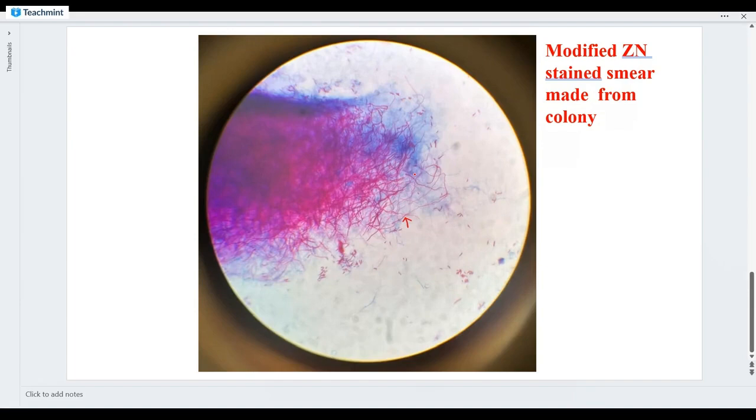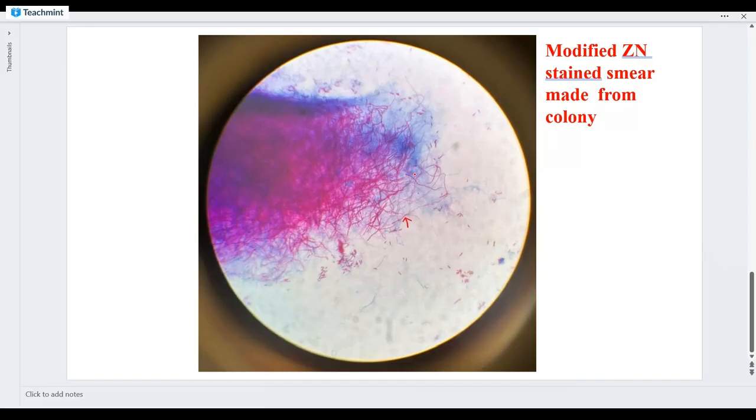Nocardia species is very rare. In routine laboratory procedure, we do not find any Nocardia species, but sometimes we encounter this type of species. I encountered this species a few days back in a sputum sample.